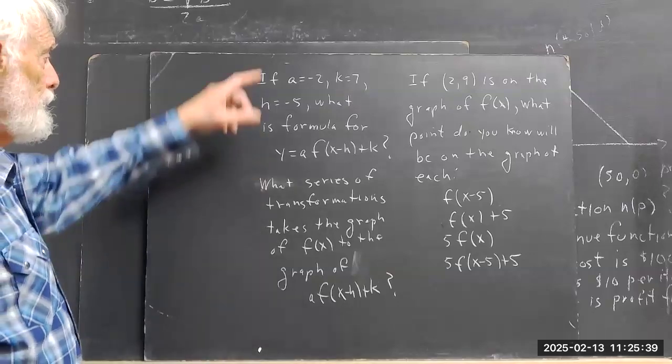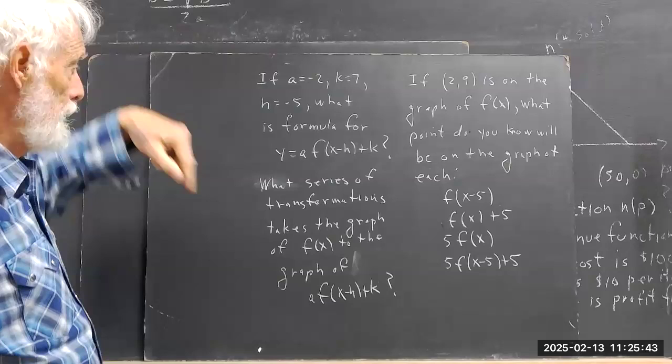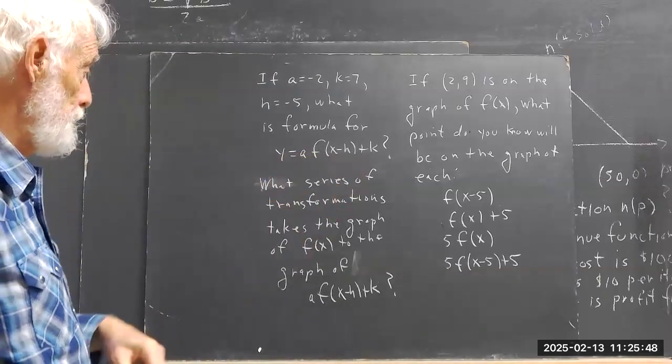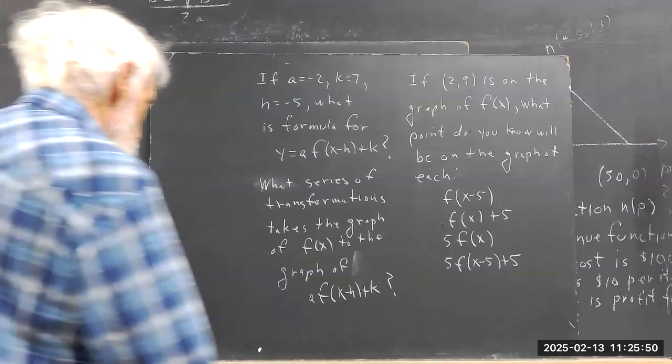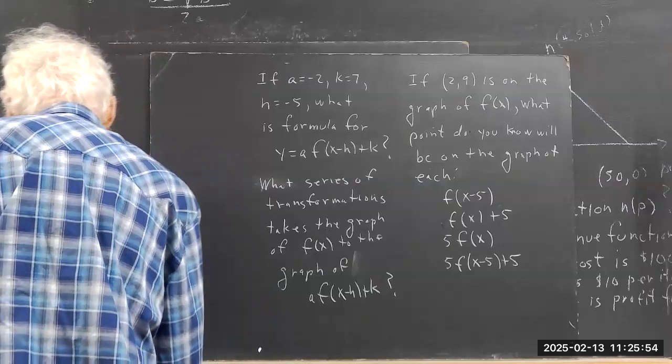Okay. So here's the second problem on the test. Given the values of A, K, and H, what's the formula for y equals A f of x minus H plus K? Well, that's easy, and I think just about everybody had it.